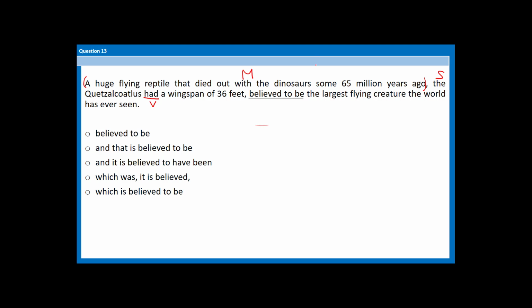Believed to be the largest flying creature the world has ever seen. Be careful with believed to be. It's not a verb, it's a past participle modifier. And as a modifier, it needs to describe a noun. So it should be next to the Quetzalcoatlus, not next to a wingspan of 36 feet. That's why eliminate number 1.